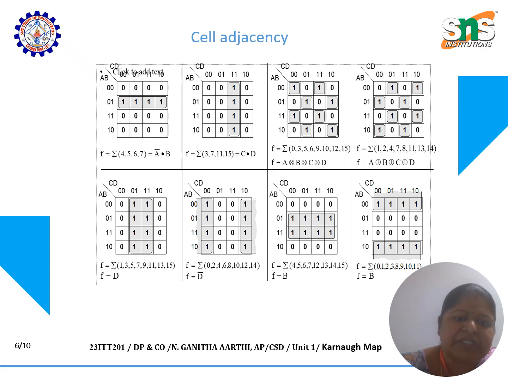The first image on the left denotes the grouping of the adjacent cells in the second row, and in the second square we have the grouping of the adjacent cells in the third column. In the third square we can see individual ones have been grouped. Since no adjacent ones are available, we take individual ones as groups here, and the fourth also follows the same concept of individual ones grouped.